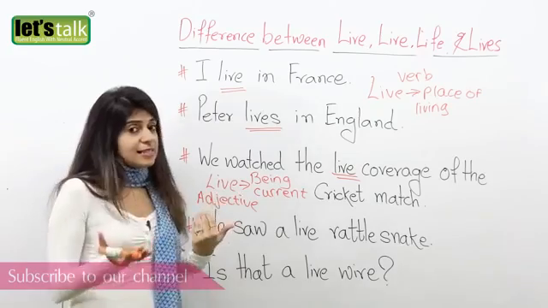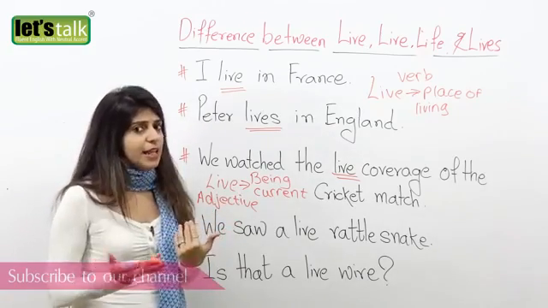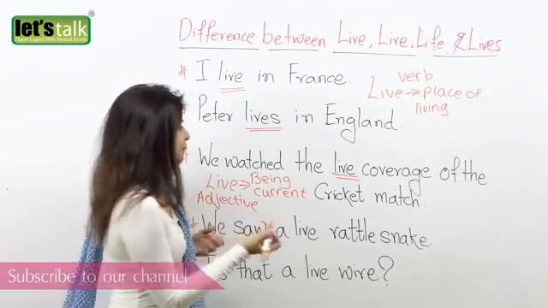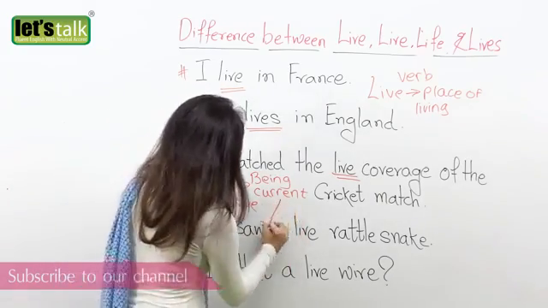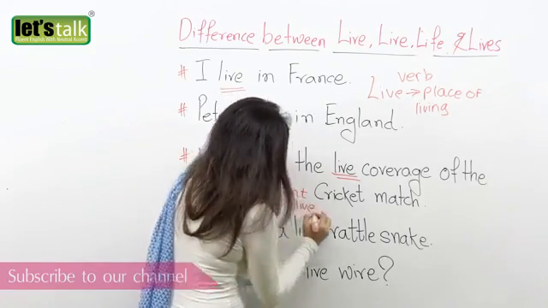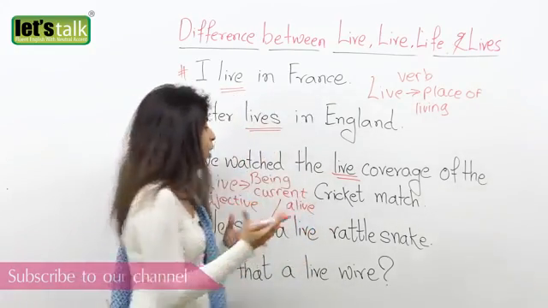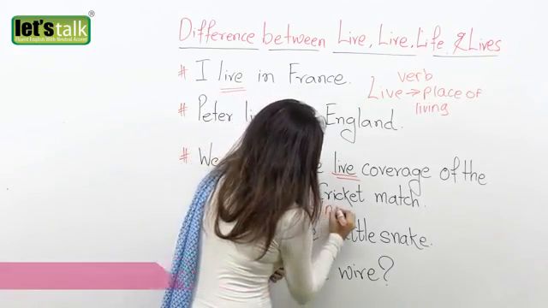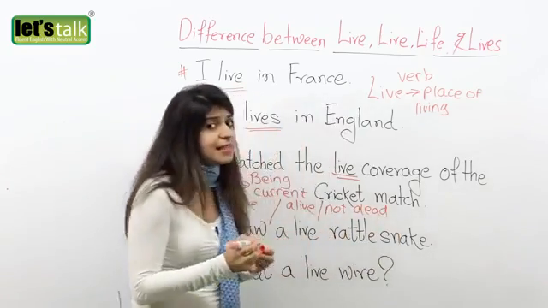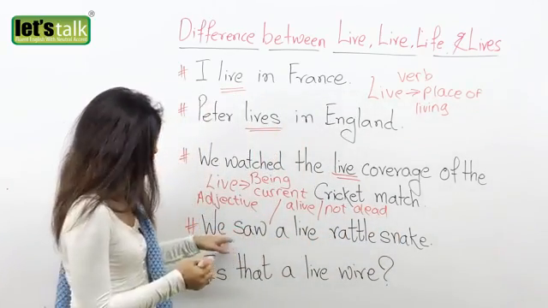And then, as I said, there's another meaning to the word live, which I'll write down here. It means being alive, okay? Not dead. Now to understand this better, let's look at the sentence here.